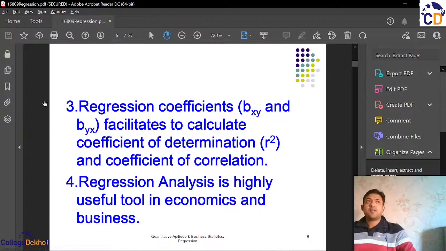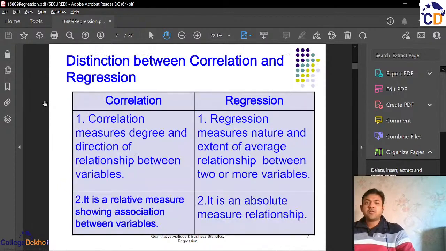Next is regression analysis, which is a highly useful tool in economics and in business in general. Now, the distinction or the differences between correlation and regression.